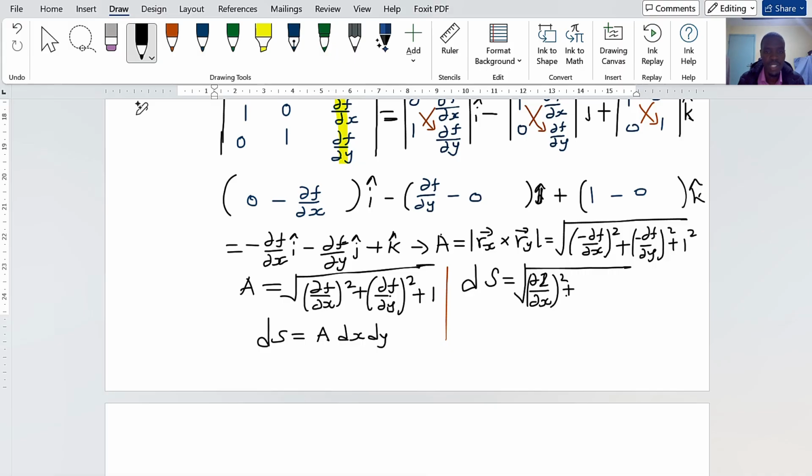Remember our f was z, so dz over dy squared plus 1 squared, if you like. And then outside we have dx dy. So this is how we derive that.